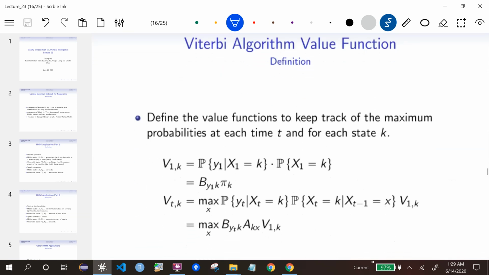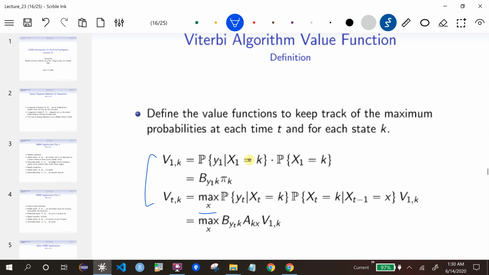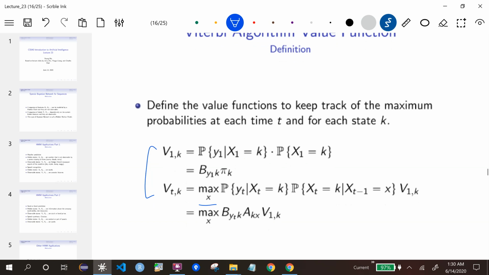Here, the trick that we are going to use is, instead of computing the sequence of probabilities every time, so do the product every time, we will store the maximum probability at each time step and also for each state. I think if you directly look at the equations, you can figure out what's going on.